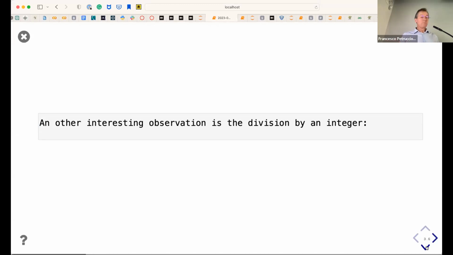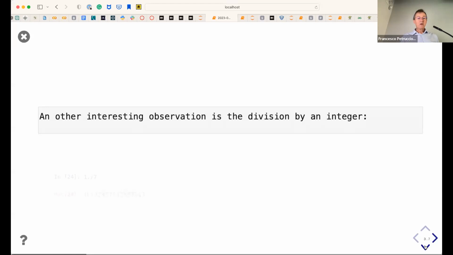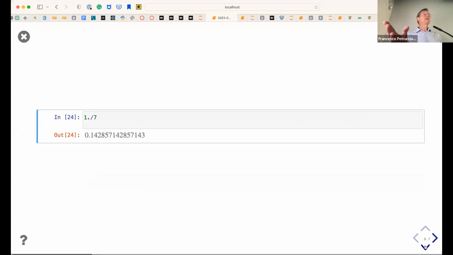Same goes for division by integer. If you do it in straight Python, 1 divided by 7, even if you do one integer divided by 7, your result will be 0.1428 blah blah blah.